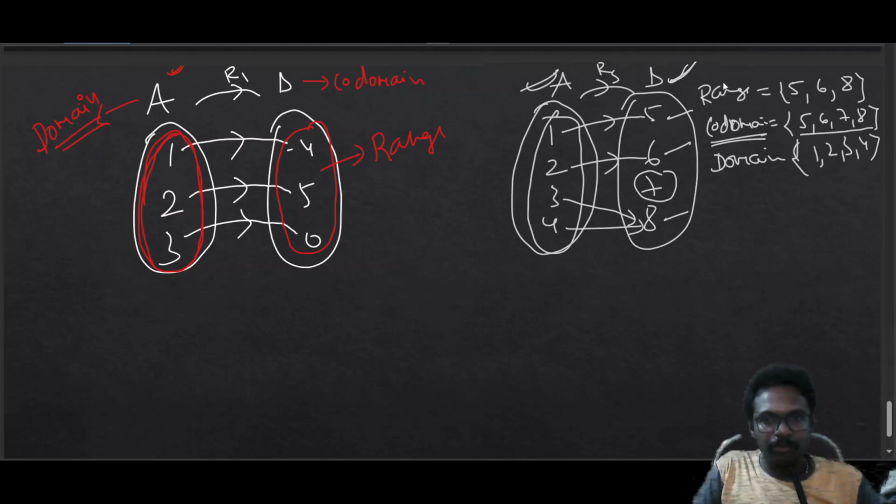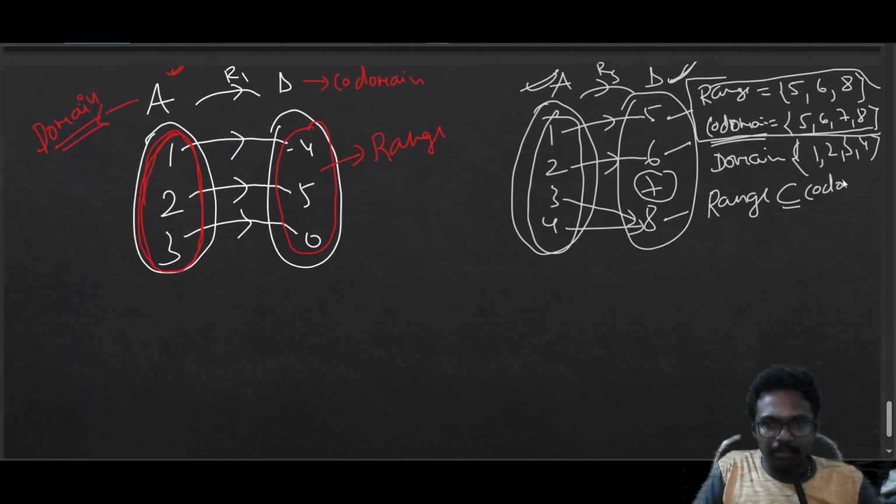Okay, so if you observe here range and codomain, range always comes under codomain. So range is a subset of codomain. We have to know range is always a subset of codomain. Range does not overcome the codomain. Range is always contained in the codomain or it matches the codomain.